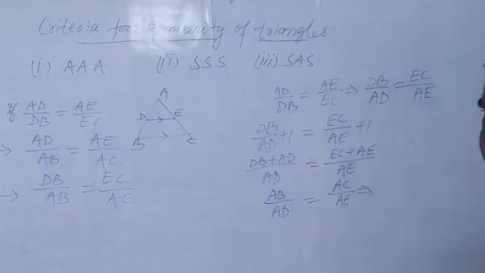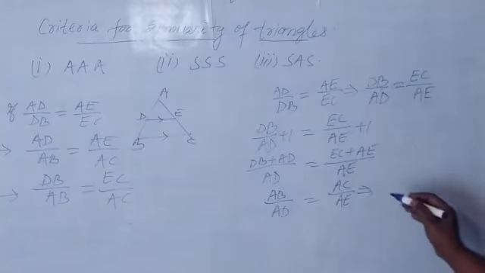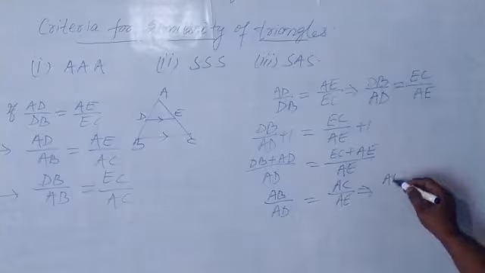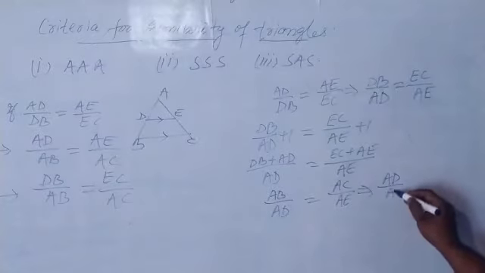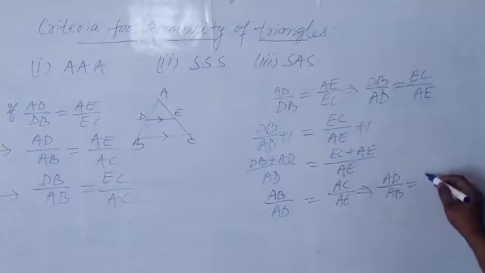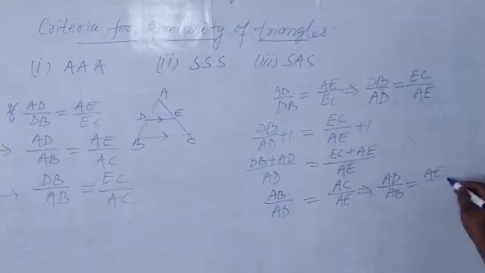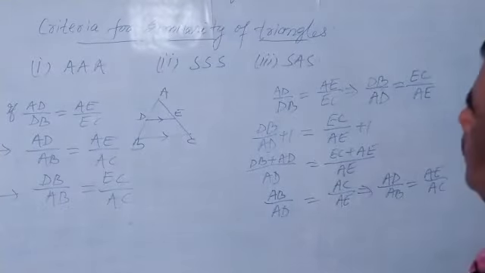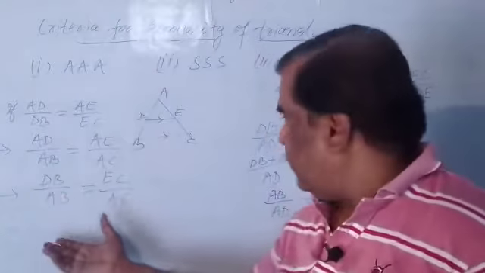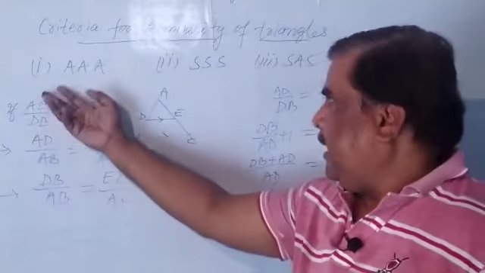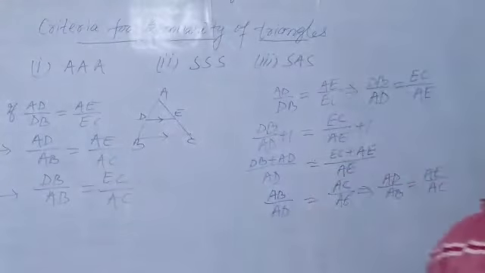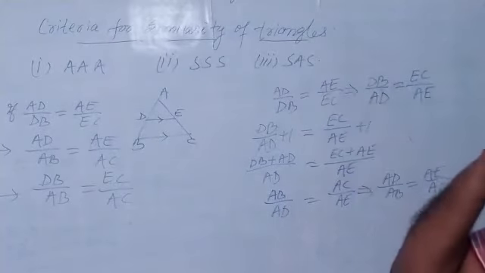Again, when we take the reciprocals, it will be AD by AB equal to AE by AC. Similarly, you can change the given ratio into this form by directly adding 1 to both sides without taking reciprocals.